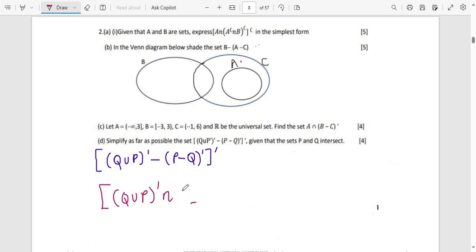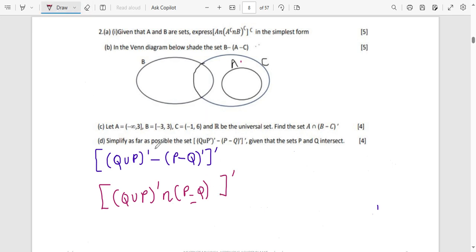I'll change this into intersection. If I change it into intersection, it means that the complement will come here. So you see that we now have two complements. And what will happen to those two complements? They will cancel out, yes. Okay. So I'll remove them.